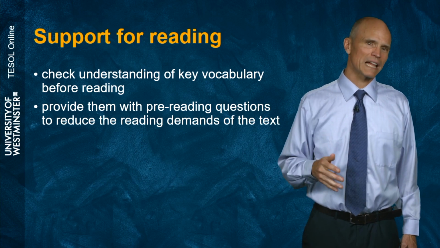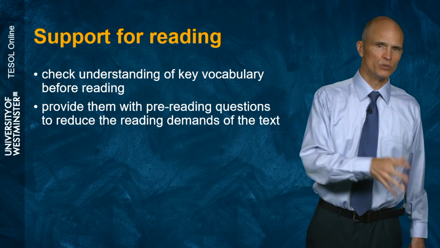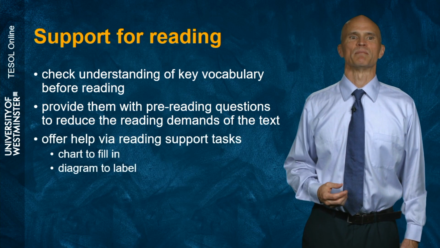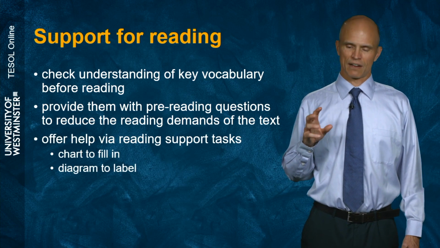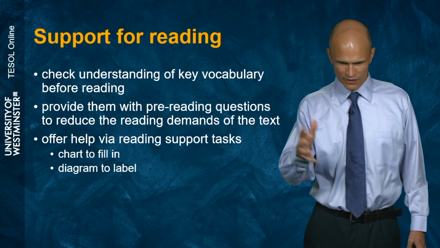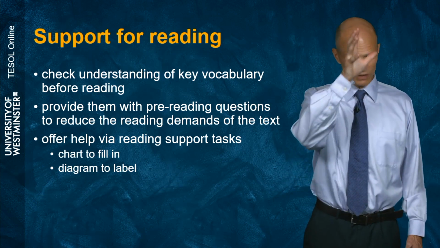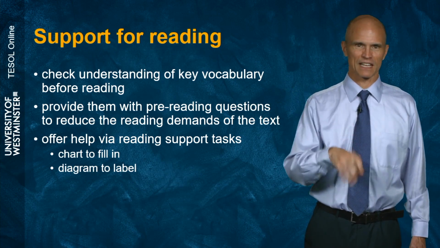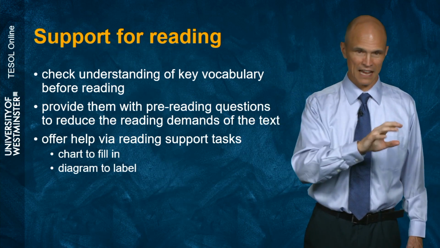Support for reading: vocabulary checks beforehand, pre-reading questions. What do you think will happen in this case? What would you do if? That sort of thing that can get them prepped for what's to come. You can have charts and gap fills where they fill things in to check their reading as they go. Don't get them to read the whole story and then answer questions. Have things that they can do progressively: read this, answer that, read this, answer that.